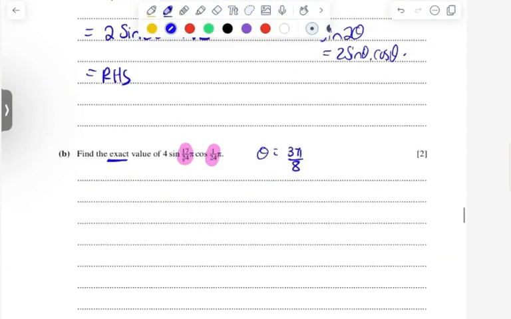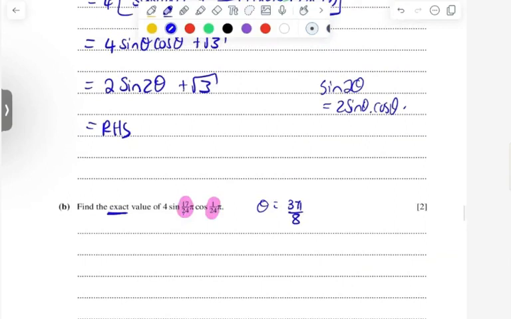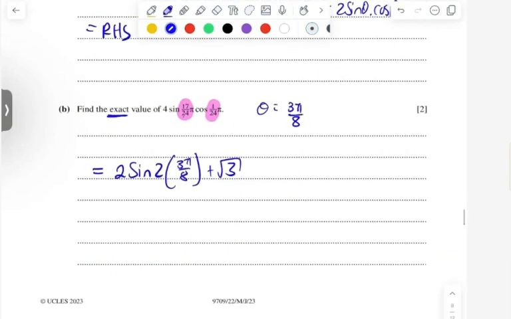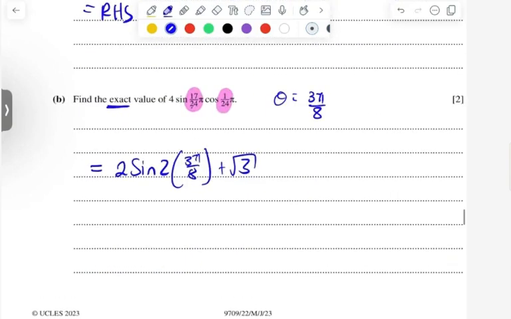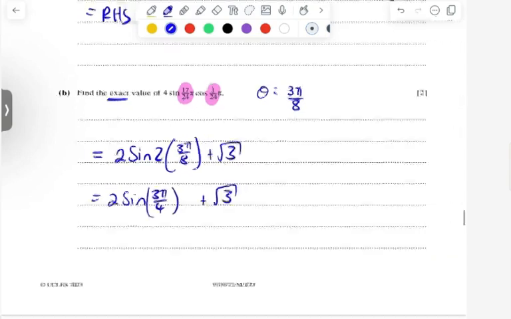So I basically know that that is equal to 2 sine 2 theta. Okay, I'm just using my identity above. I still don't know exactly where it's going, so 3 over 8 times 2 is 3 pi over 4.